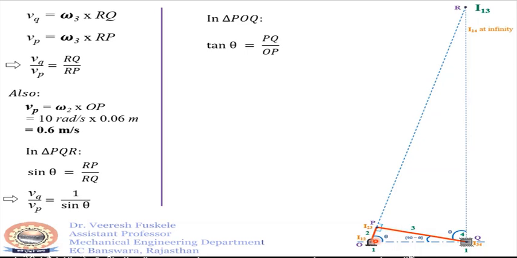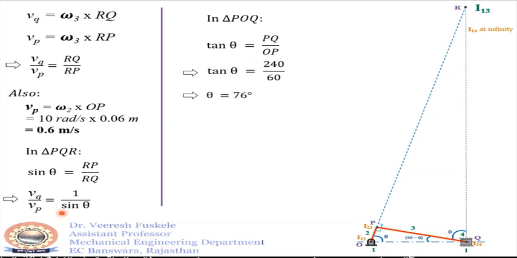So perpendicular for this theta angle will be PQ upon PO. So tan theta will be equal to PQ upon OP. We know the values of PQ and OP. PQ is 240 mm and OP is 60 mm. So this will give us theta as nearly 76 degrees.